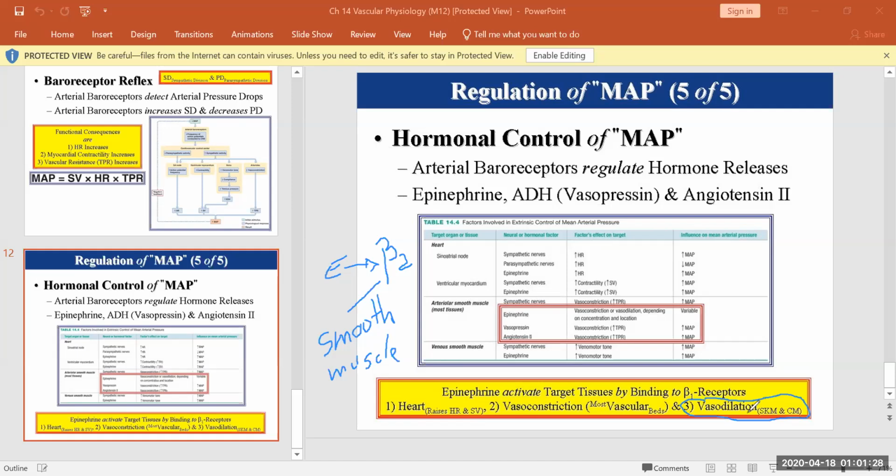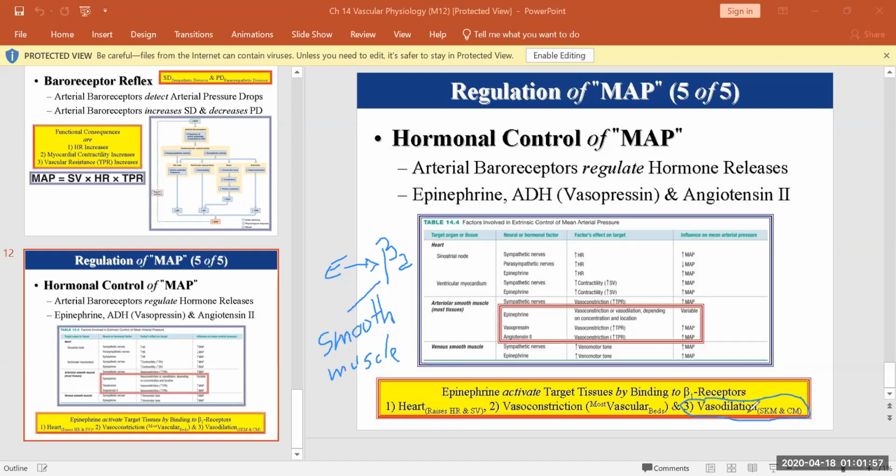It makes sense because under emergency situations, your skeletal muscle must be ready for action, right? Fight or flight. Either you fight or you run away. So you need energy. If you need energy, you need more ATP, more oxygen, and more glucose being delivered to you.